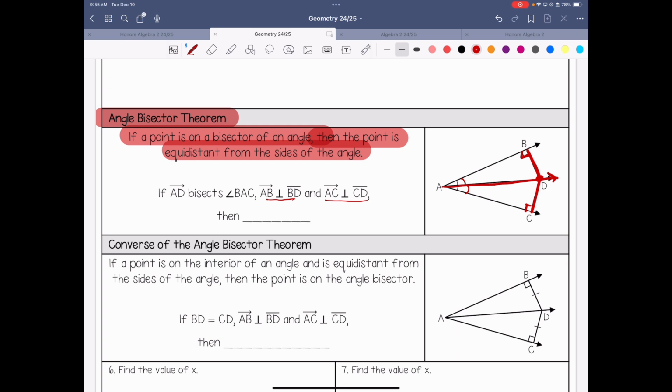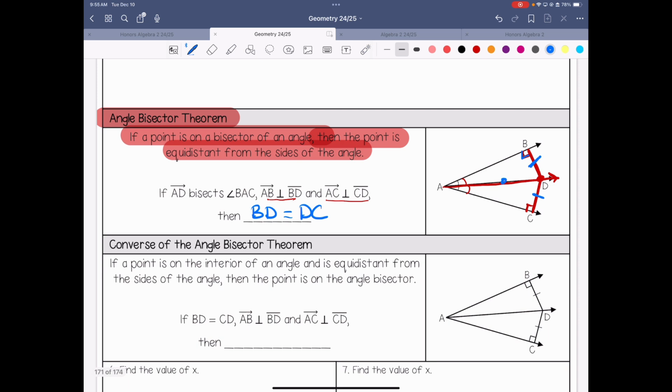These have to be perpendicular to the sides of the angle that's creating it. If that's the case, then, and only then, is BD congruent or equal to DC. And again, the key to this has to be a 90-degree angle.